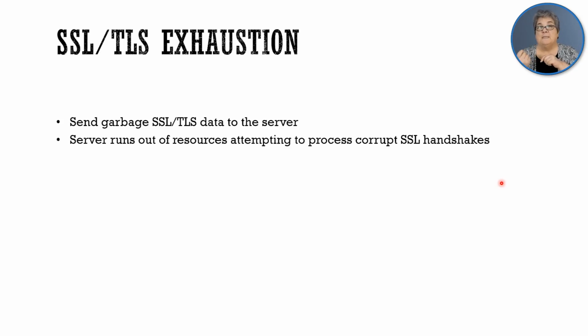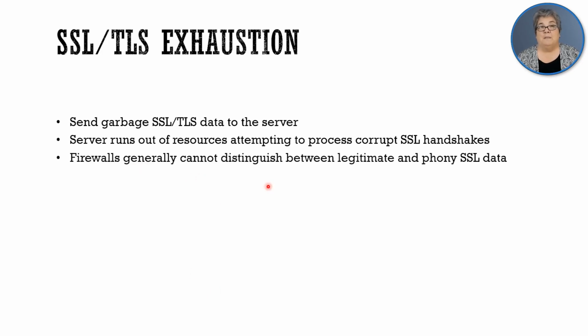So it'll use its public key, and then the client is supposed to send its public key, and between the two of them they agree upon a session key good for that session. But we're going to send garbage, and the server is wasting its energy trying to process SSL handshakes that aren't going to be processable. Firewalls generally cannot distinguish legitimate or phony SSL data.